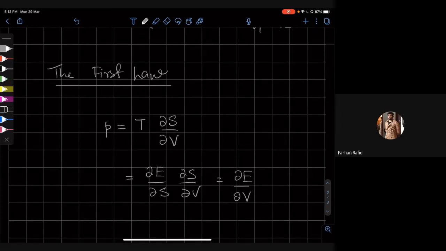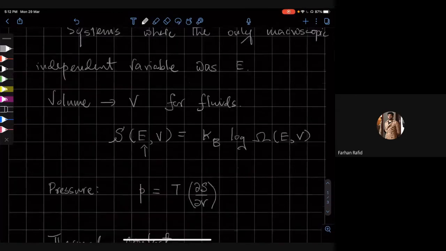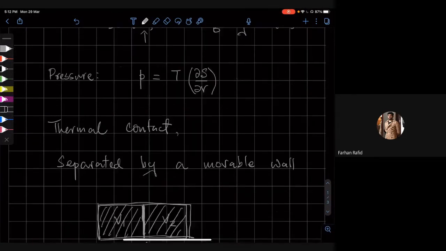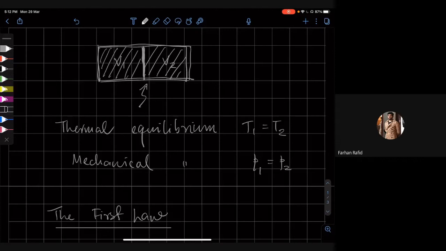And we'll see some examples later. This is left as an exercise, to show that this is true. And it's very easy. It's just repeating what we did for the temperature, okay?